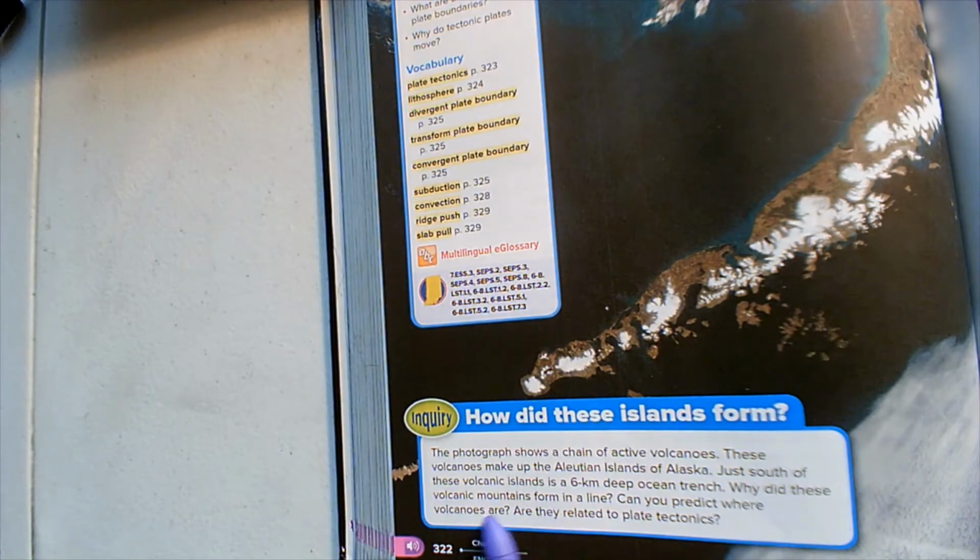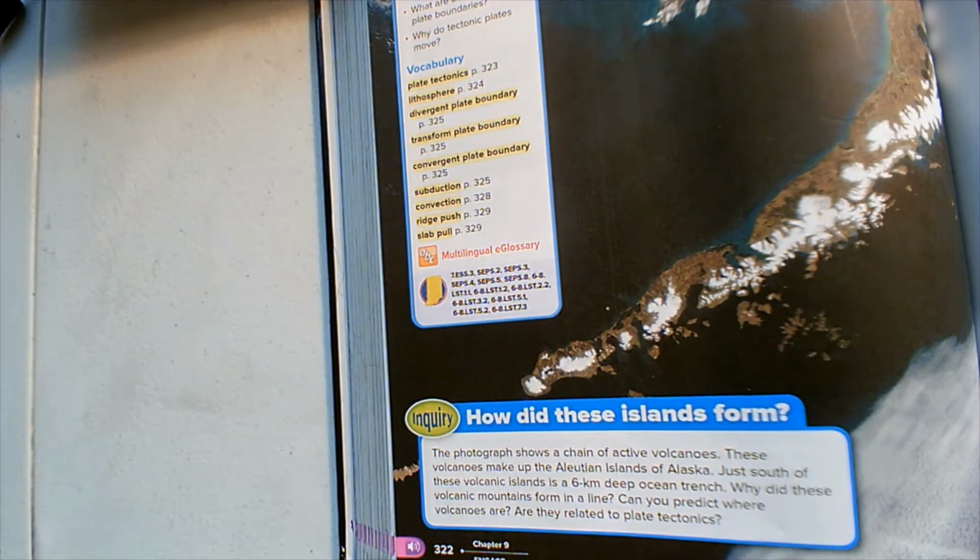Why did these volcanic mountains form in a line, and can you predict where volcanoes are? Are they related to plate tectonics? We are going to see that there's a certain type of plate boundary where there will be more volcanoes. And so we're going to look at that, and maybe we can come back to that and talk about what kind of plate boundary that would be.